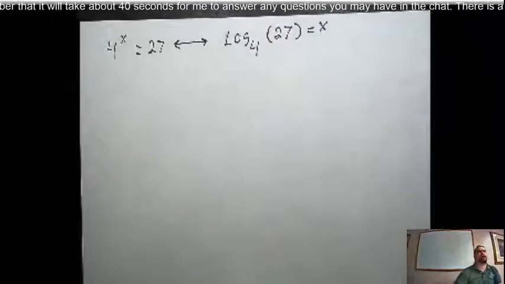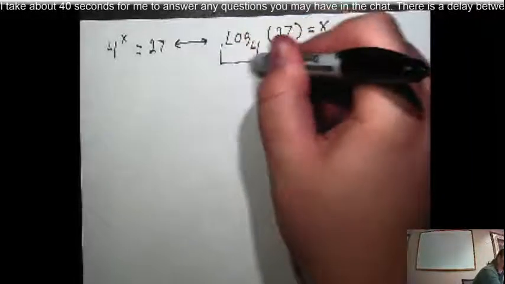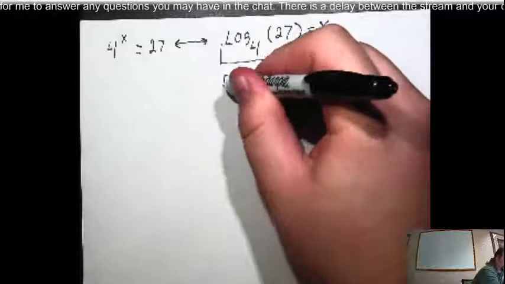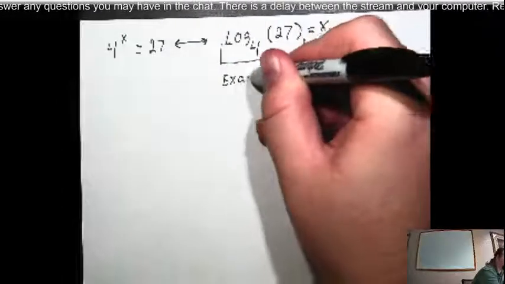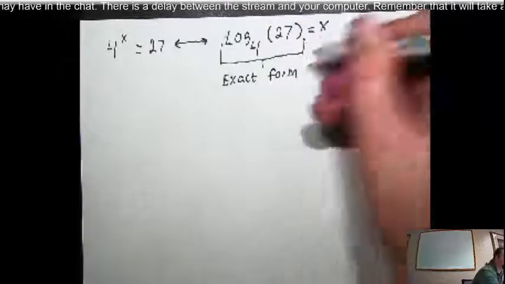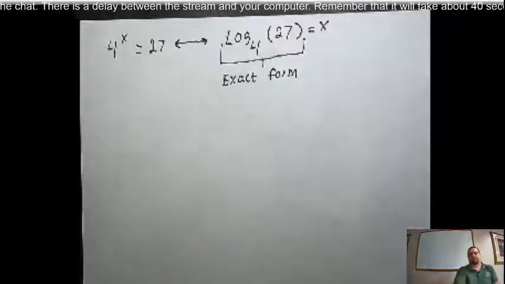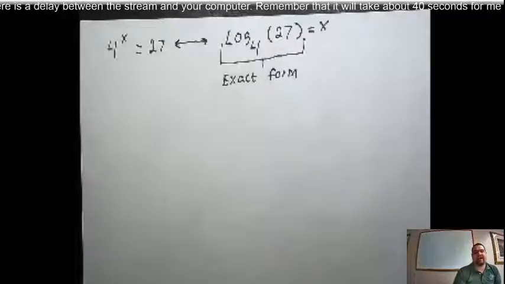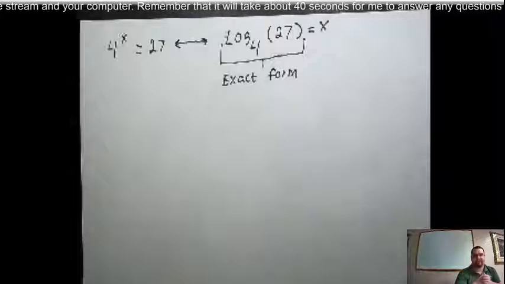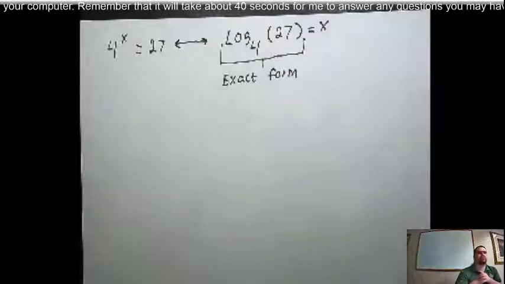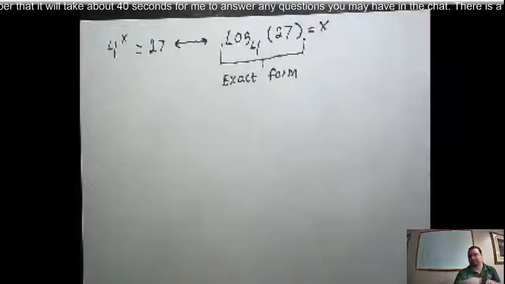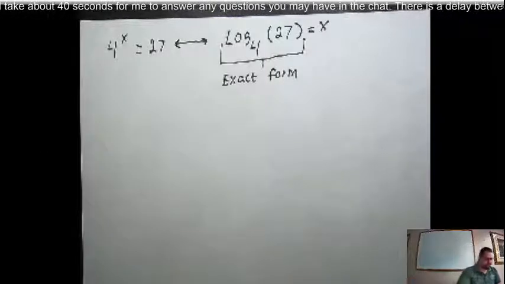So once more, what we have here is the exact form for x. Exact form because all of the information for x is contained in there. This is different from approximate form, an approximate answer.